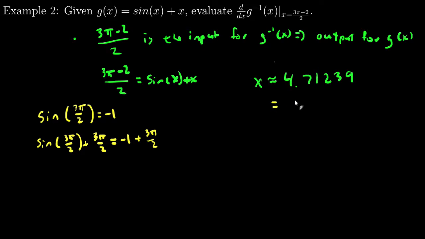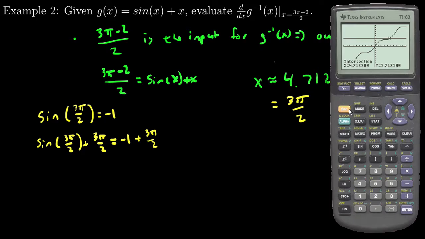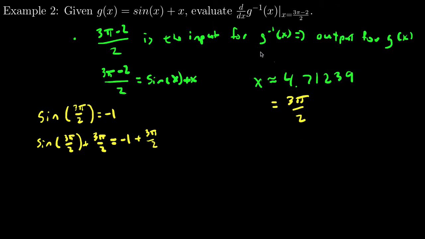So I do know that it will actually be exactly 3 pi over 2. And let me go back to the calculator to support that. So if I quit out here and just do 3 pi over 2, you see the same answer, 4.71239. So I'll use this value, but if I'm allowing for the decimal, both will work.